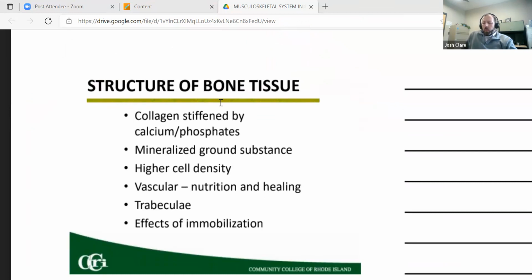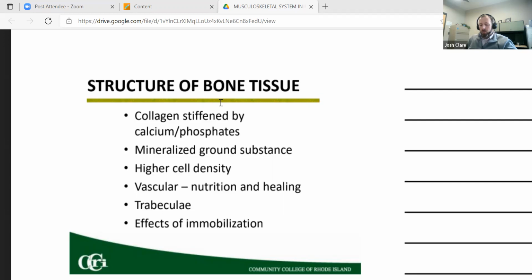So the structure of bone: the collagen is stiffened by calcium and phosphate. So now we have an extremely rigid structure that helps with its weight-bearing capabilities. The ground substance is mineralized, with a higher cell density.